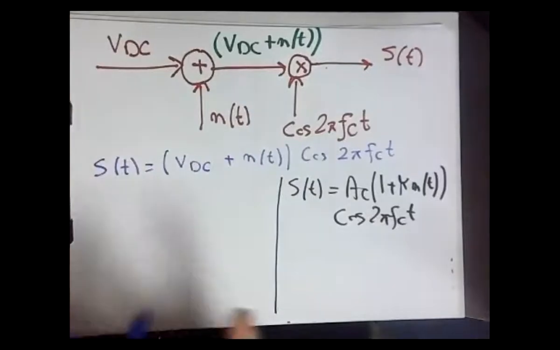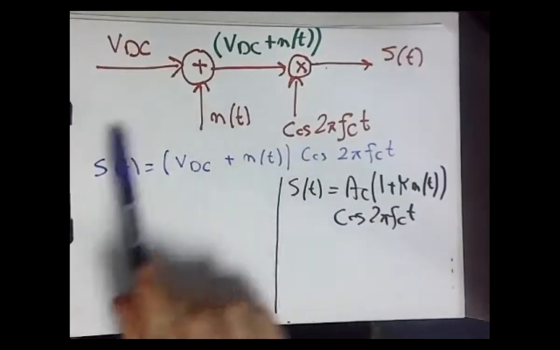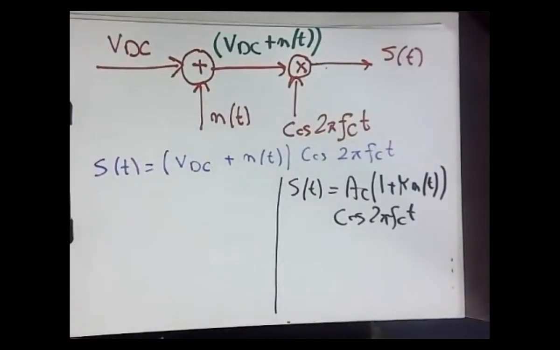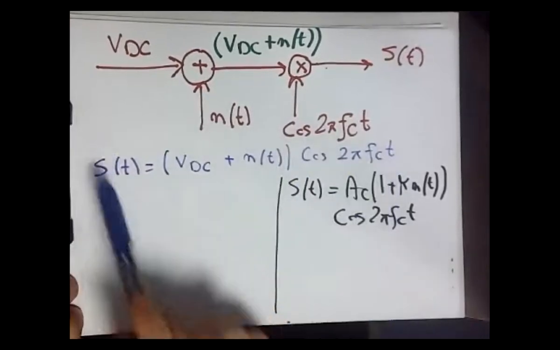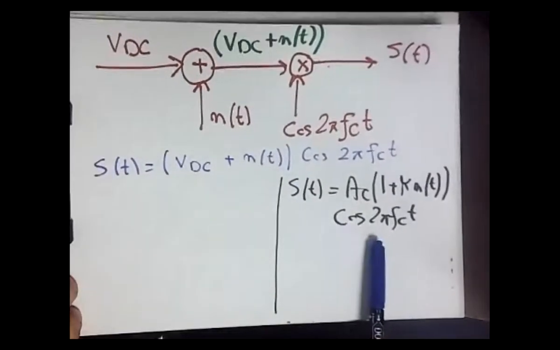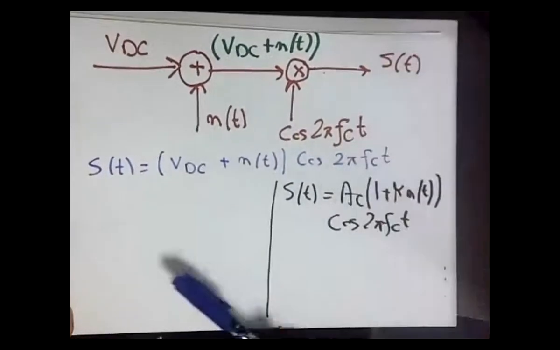Okay, now we have somehow a different look, as you can see here. So, can we make some sort of analogy between this blue S of T and this black S of T? Can we do this?